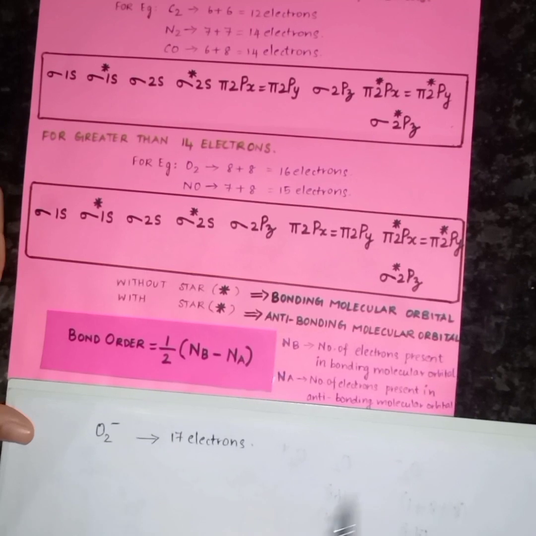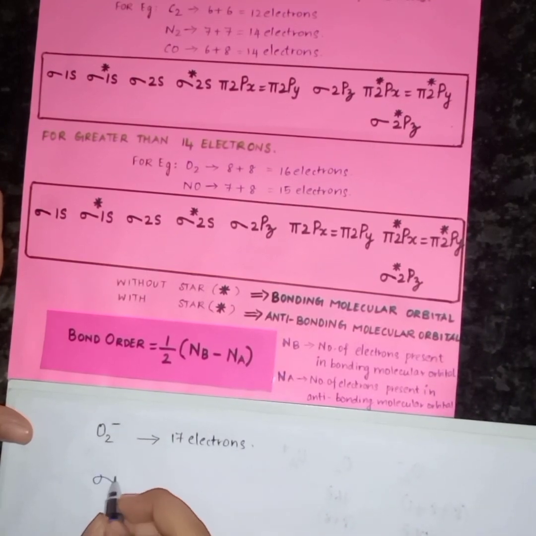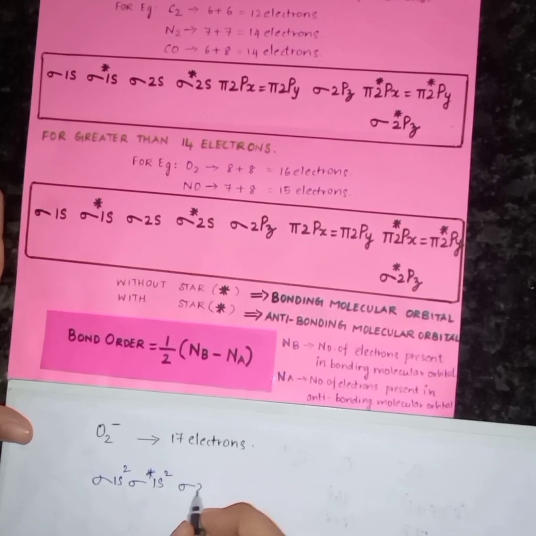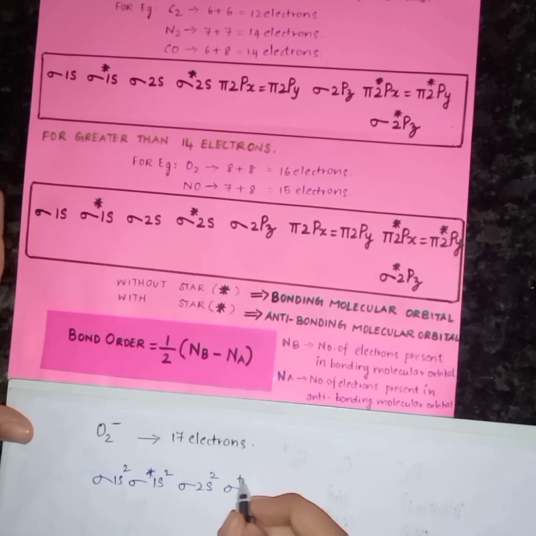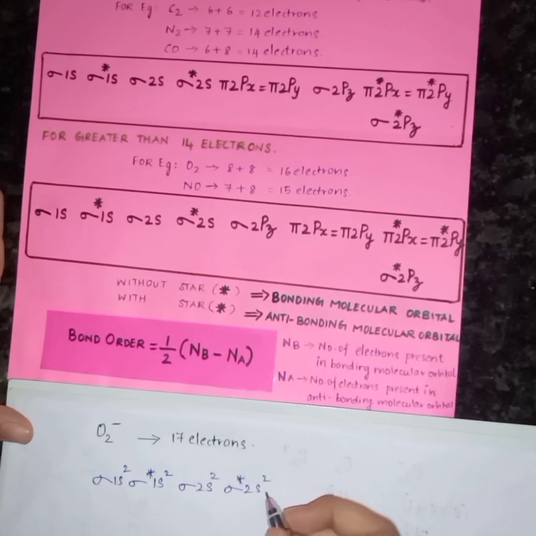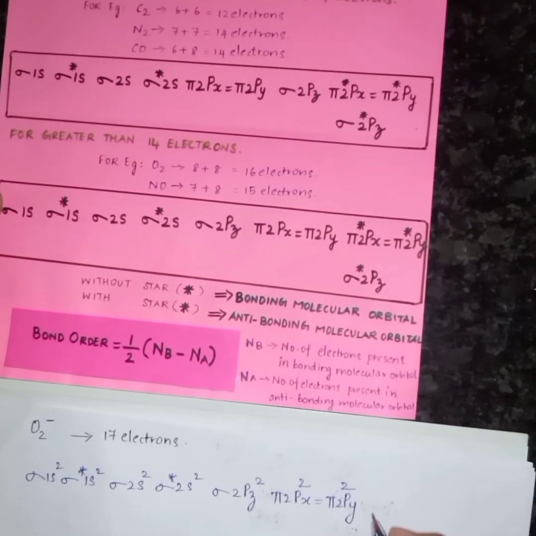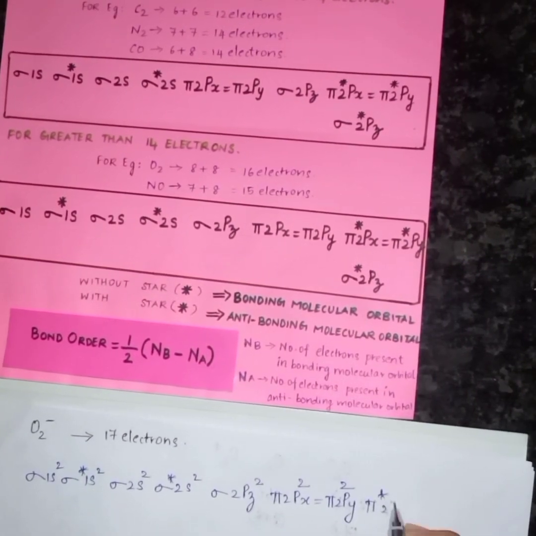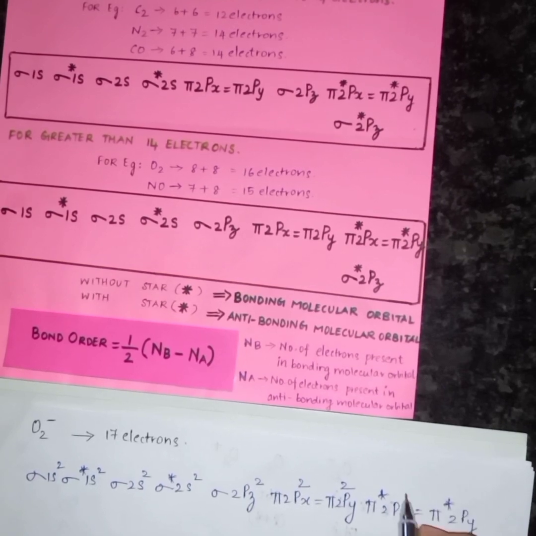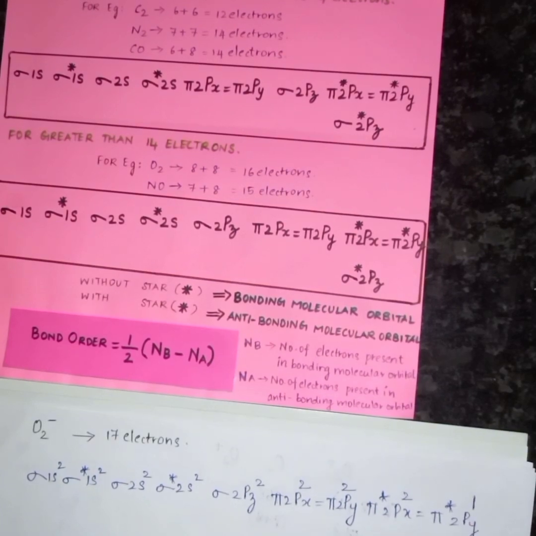So let us apply sigma 1s2, sigma star 1s2, sigma 2s2, sigma star 2s2, sigma 2pz2, pi 2px equal to pi 2py, 2, pi star 2px equal to pi star 2py, 2, 1.